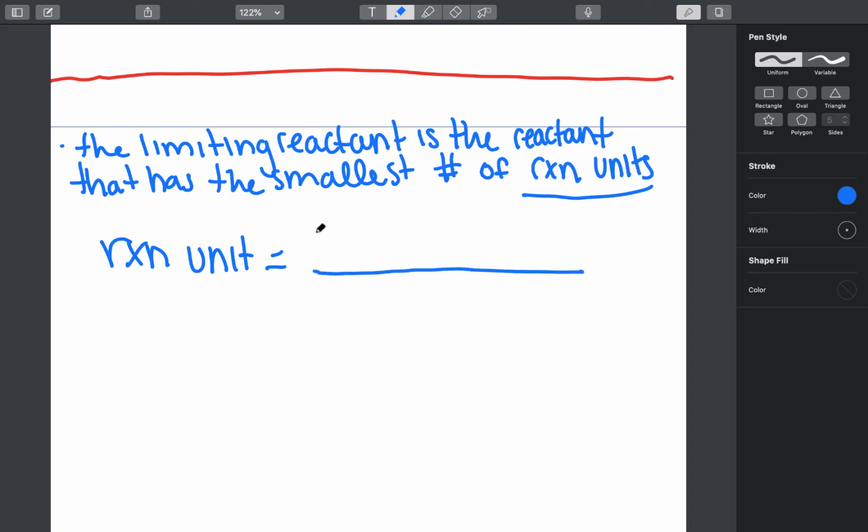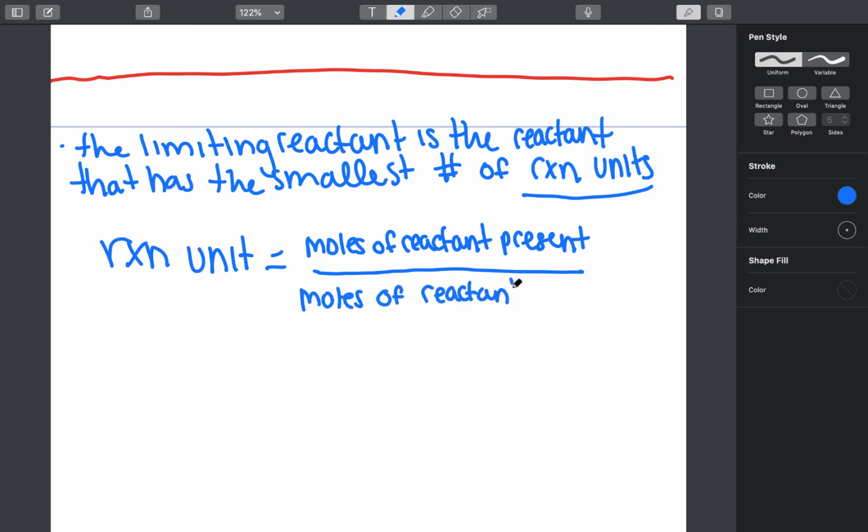So a reaction unit is equal to the moles of reactant present over the moles of reactant in the chemical equation.